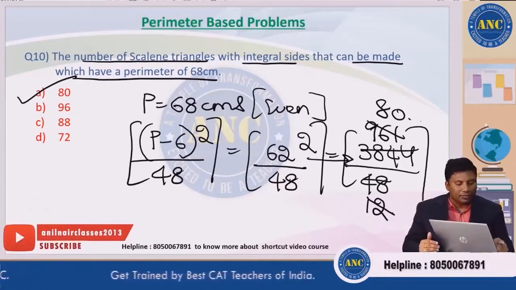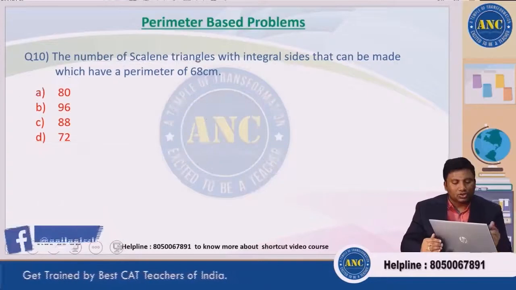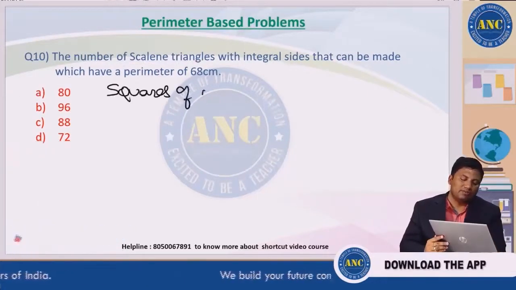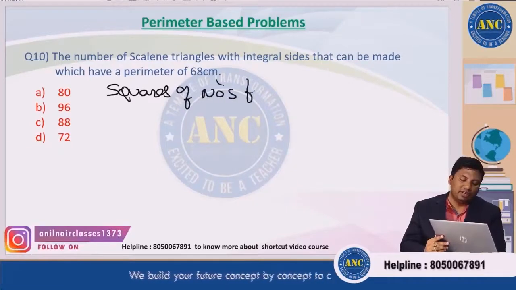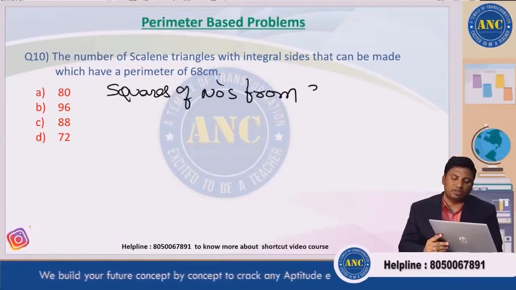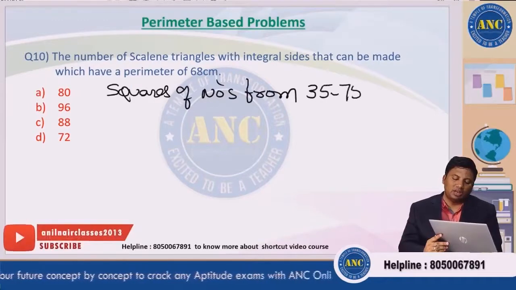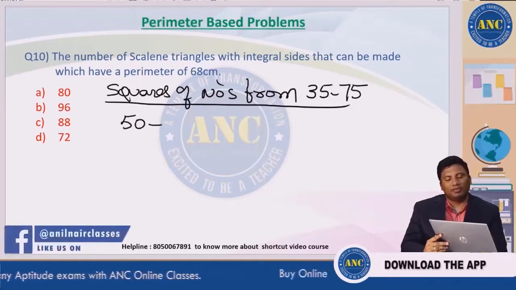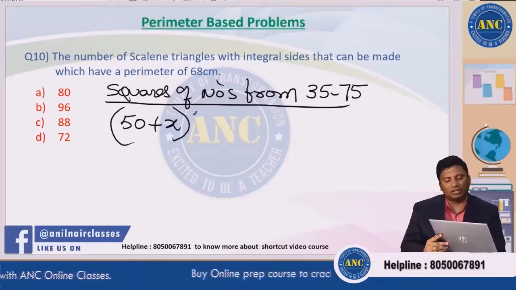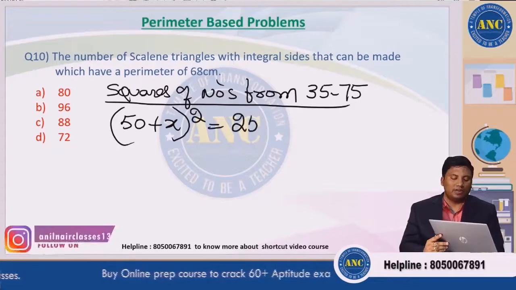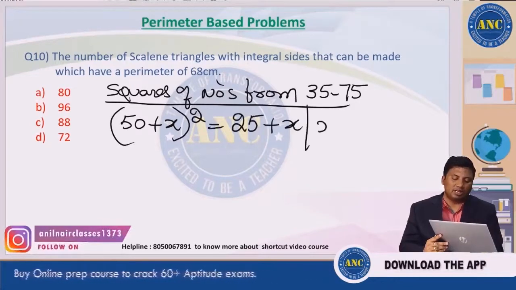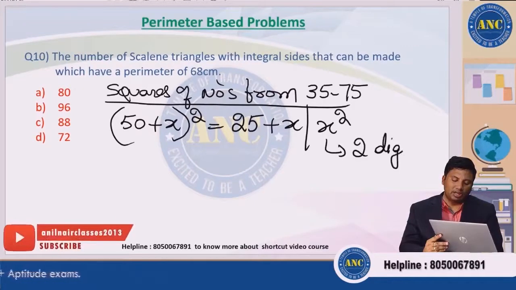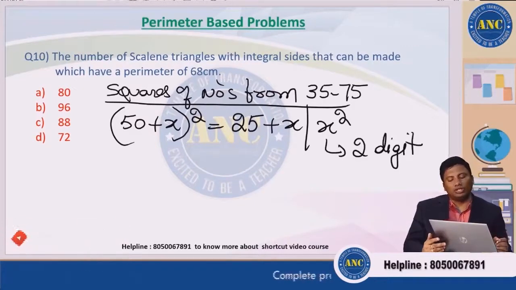Next, squares of the numbers from 35 to 75. These are nothing but (50 plus x) whole square, which is 25 plus x slash x square, where x square is in a 2-digit format.